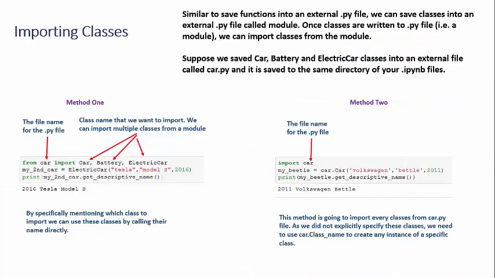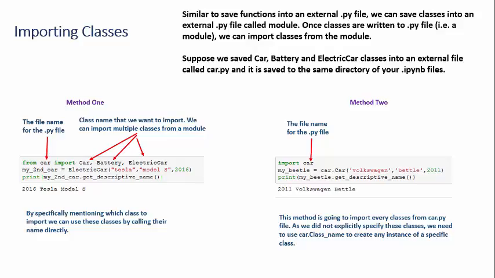Similar to how we can save functions into an external Python file, we can save classes into an external Python file as well, and it is called a module. Once classes are written to a Python file, we can import classes from the module.